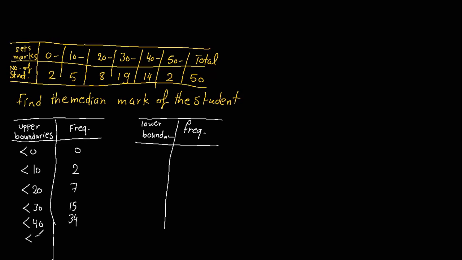Less than 50, the sum of 14, 19 plus 8 plus 5 plus 2 will be 48. This boundary does not end with 50, it ends with the upper boundary 60, so less than 60 will be the total, 50.